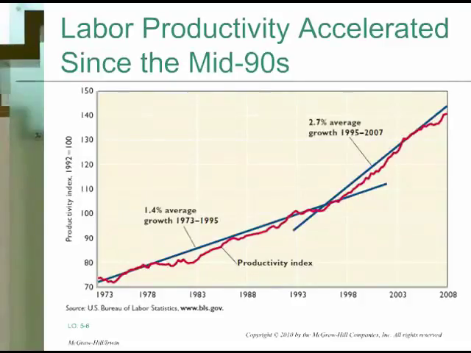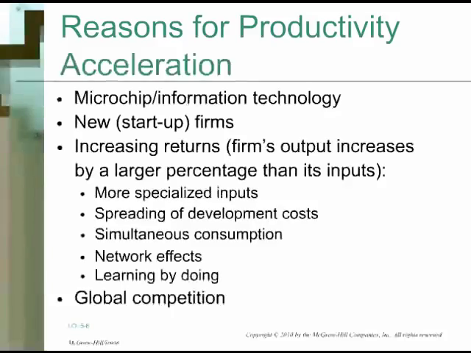Labor productivity in the U.S. has accelerated since the 1990s. One can see that the trend rate of increase in productivity increased in the mid-1990s compared to prior years. What were the reasons? The following are the main reasons for recent productivity acceleration in the U.S. Introduction of the microchip and information technology.